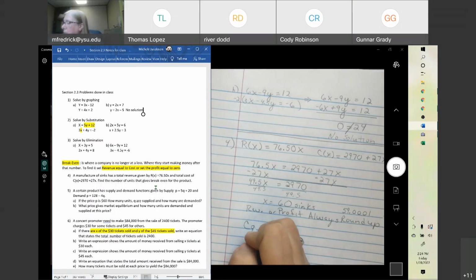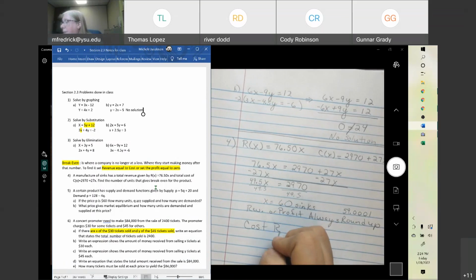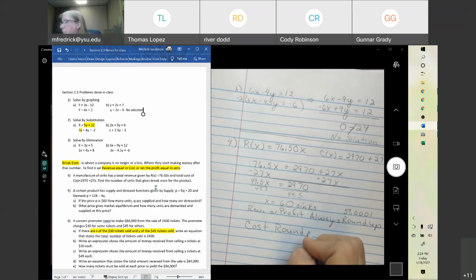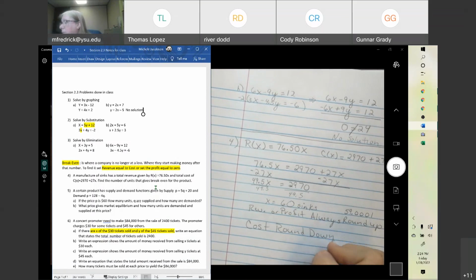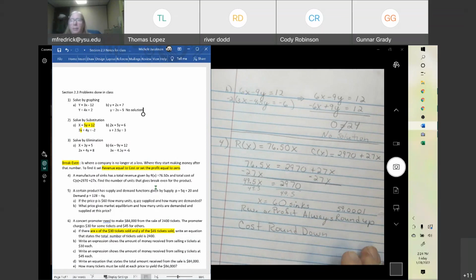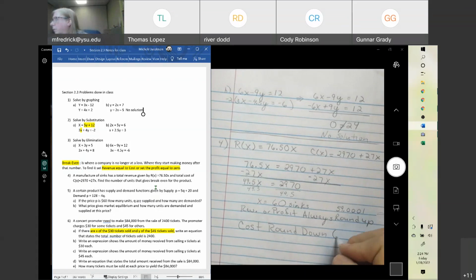Cost, round down. If you had $10,000 and you could produce 49.99999, you don't have enough money to produce the rest of it. You round down always. Or just drop the decimal.